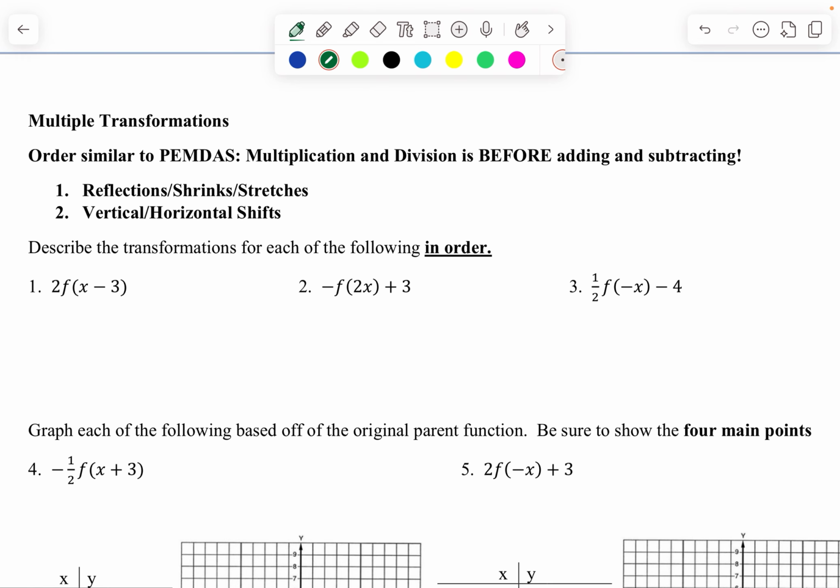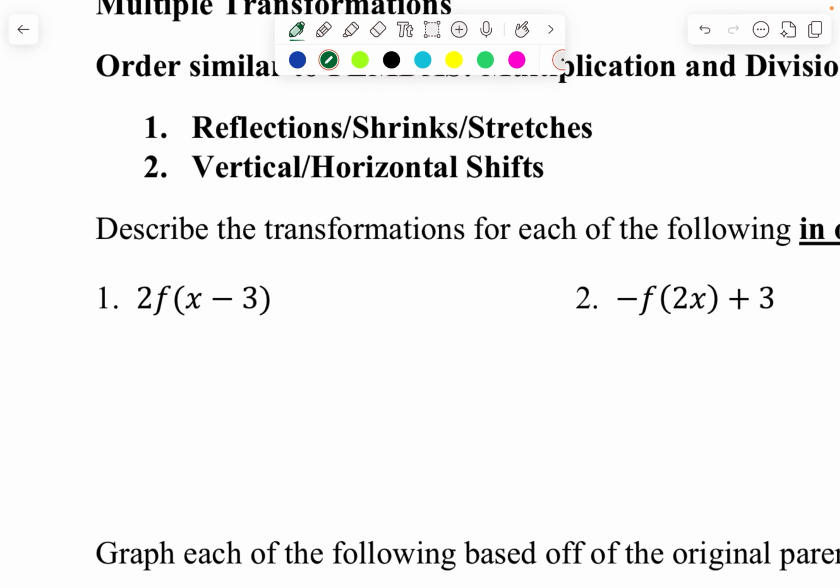So take, for example, in number 1, we've got a stretch out here. So we're going to state the first transformation, which is a vertical stretch by a factor of 2.